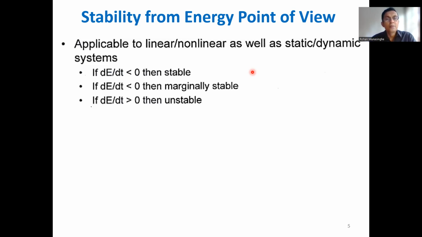Mathematically, dE over dt, the rate of change of energy, greater than zero, where E is accumulated energy. So if accumulated energy increases all the time, then the system is unstable.